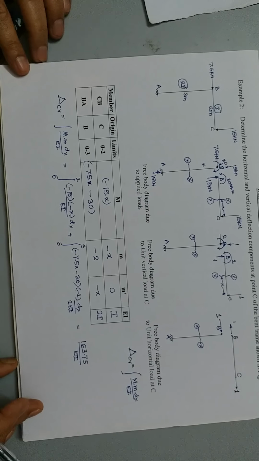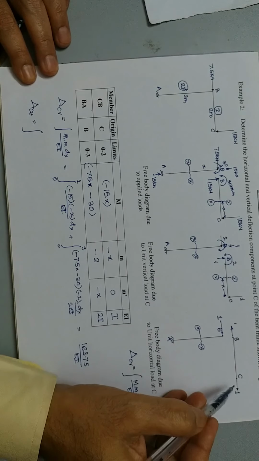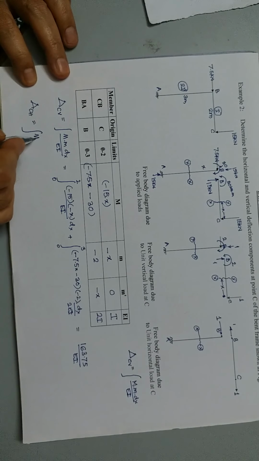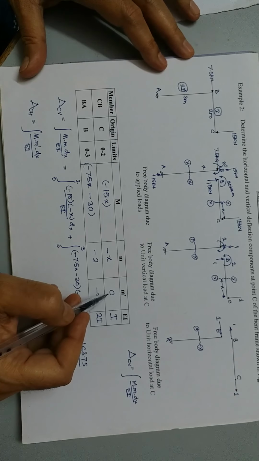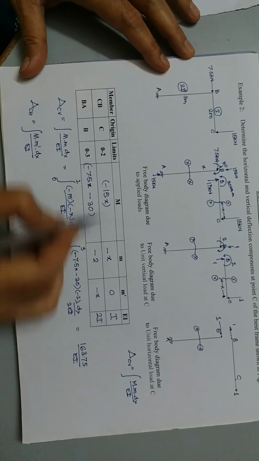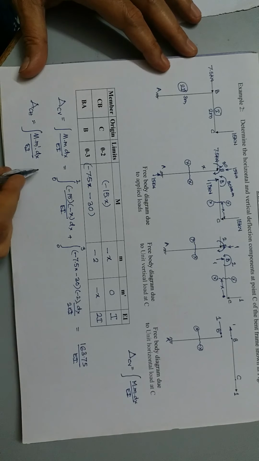Similarly, for the horizontal deflection at C, by applying a horizontal unit load at C, the equation will be integral of m into m dash dx by EI. In the first portion, m dash is 0. So in the CB portion no moment equation exists.